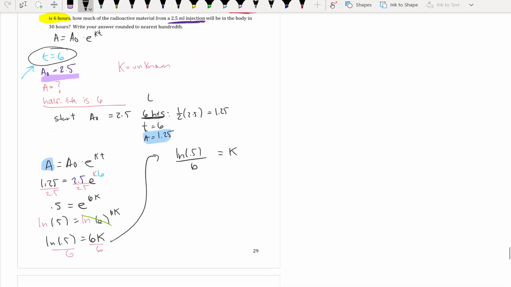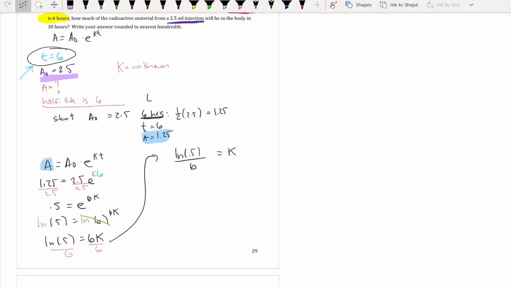And it says that I want to round to the nearest hundredth, so I definitely want to get my fraction from my calculator. Up in the numerator it's the natural log of 0.5, and down below I have 6. That decimal approximation is going to be negative 0.11552453, which is equal to my k.